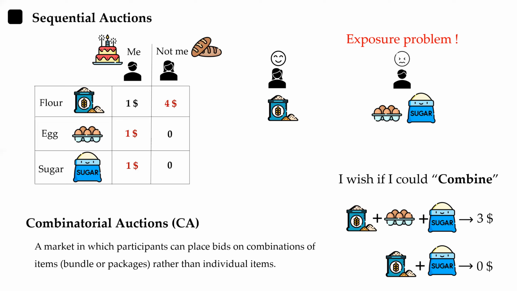In fact, this bundling concept is very powerful and applied to many fields, particularly for the fields or the markets where the items complement each other or substitute each other.